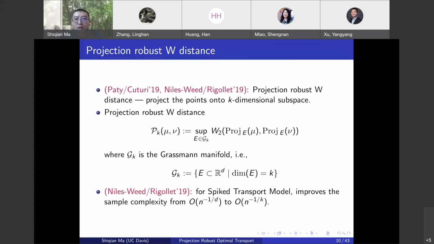Is there some constant hidden in this big O that depends on k? I'm not sure about that. I'm not sure if there is, for example, some polynomial function of k here. But you can pick, say, k even equal to 1.